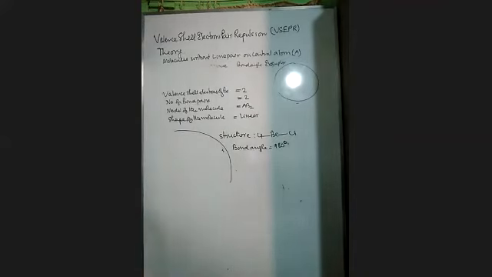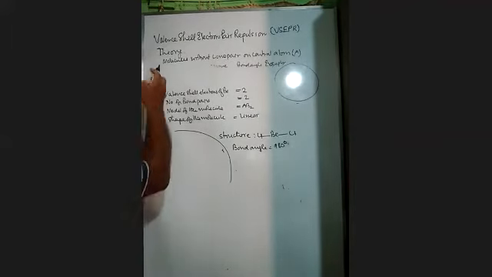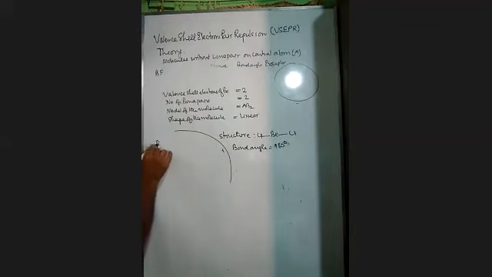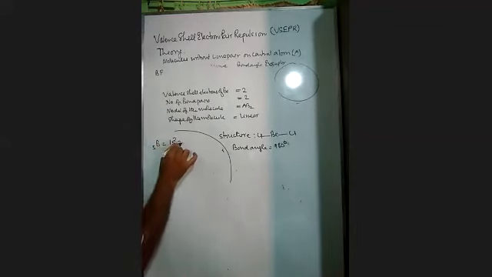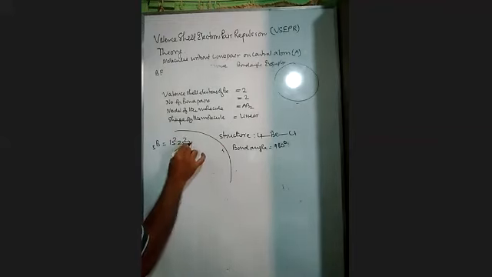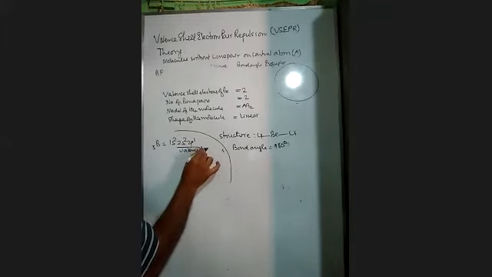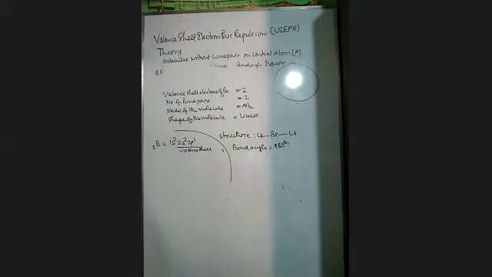Now we'll go for BF3. What is the atomic number of boron? 5. 1s2, 2s2, 2p1. This is the valence shell. So 3 electrons are there.